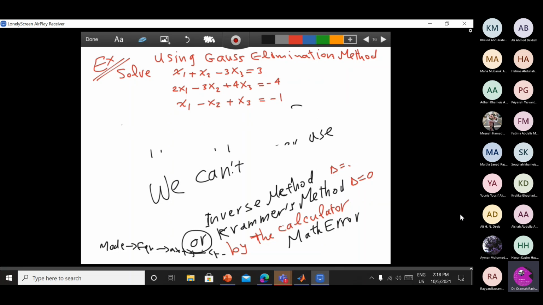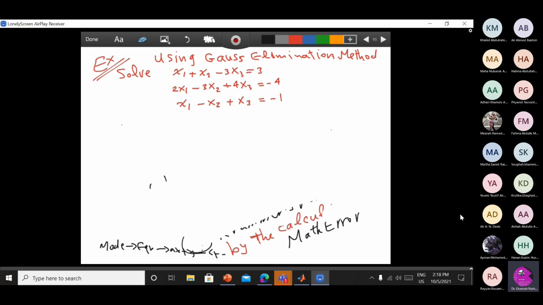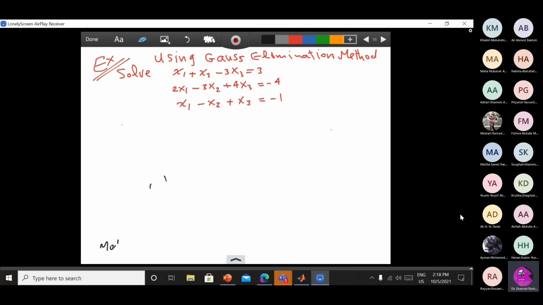What is Gauss doing? Like when we solve two equations simultaneously, we just try to get rid of one of the variables to get the other one. So how to use Gauss? You have something called the augmented matrix. It means you augment the coefficient matrix with the constant matrix.